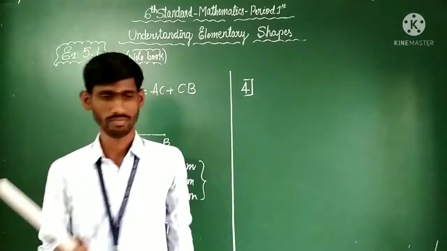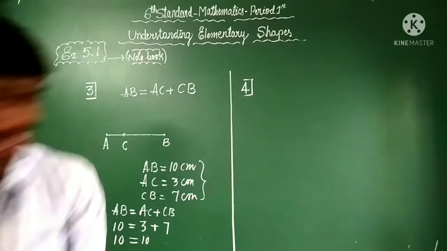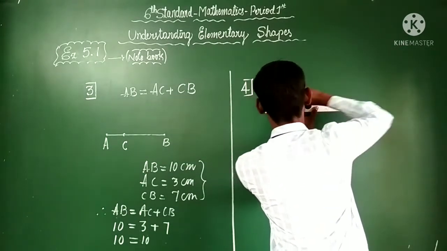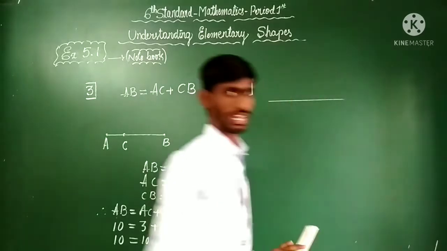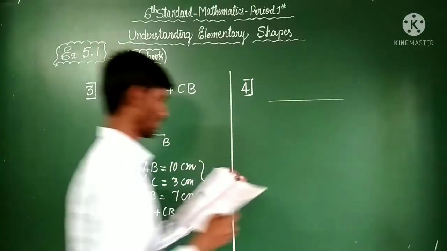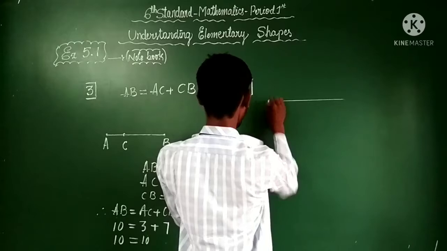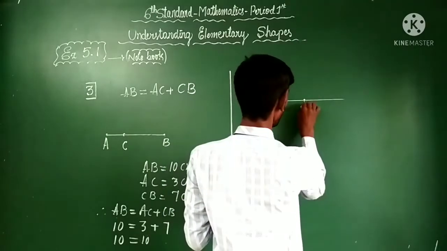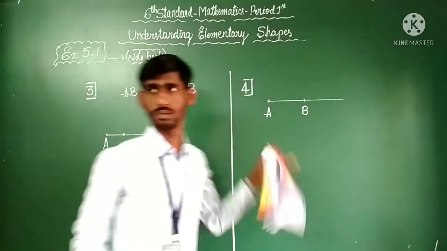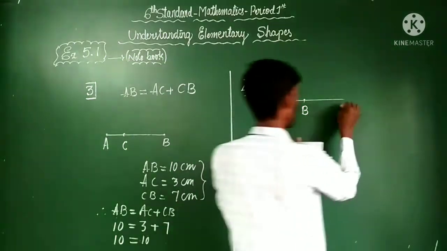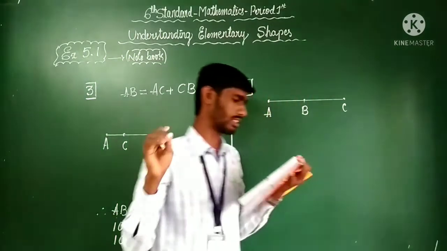Dear children, just draw a line segment. Imagine. Okay. This is the point A. This is the point B. Yes, A, B, C are 3 points. This is point C.